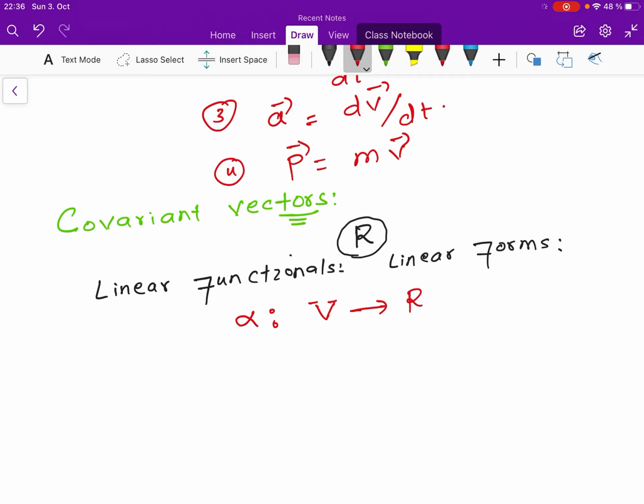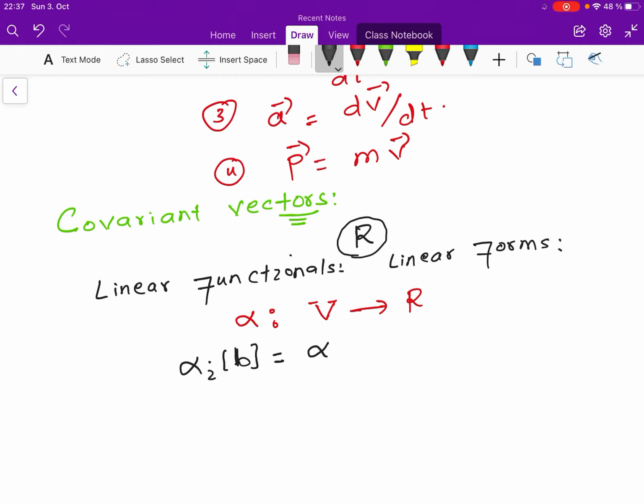So let me say the ith component in the basis B will become alpha i in the basis B. Let me write it here because these are actually covariant. We will see at the end that these components are covariant. So alpha_i^B will become, what will be the definition of this?